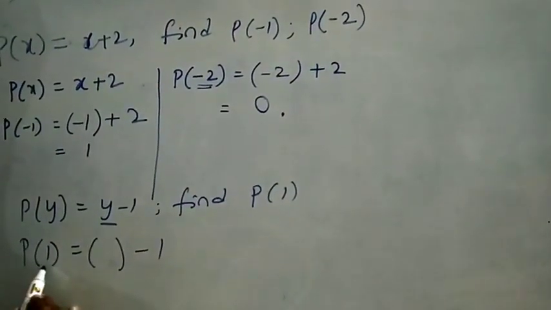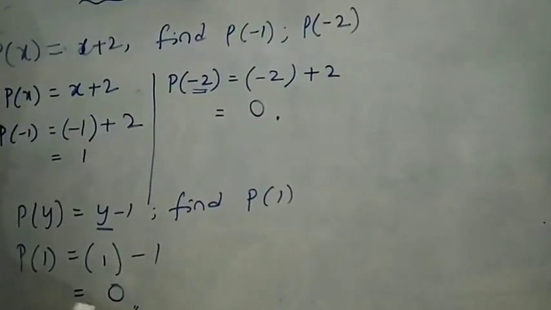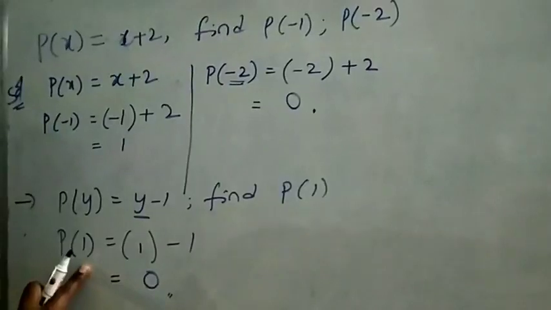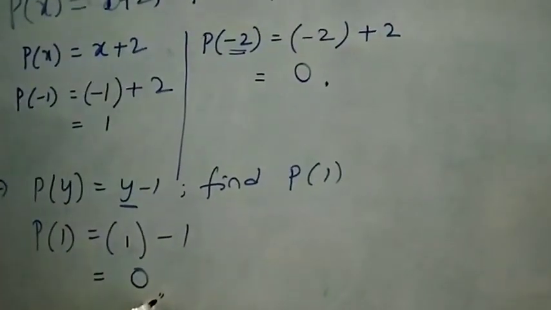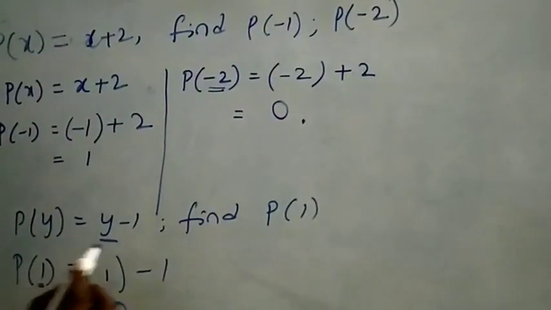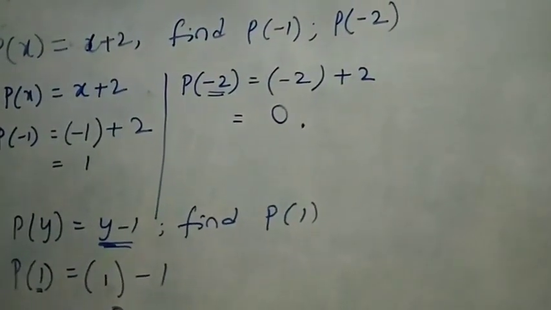We have to write 1. So, 1 minus 1 is equal to 0. Here also, the value of P of 1 is equal to 0. Therefore, here 1 is said to be the zero of the given polynomial y minus 1.